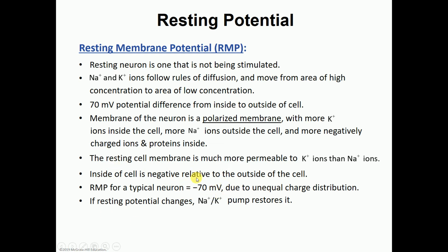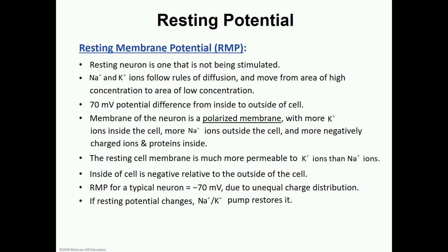Remember that it is negative, so you want to always remember that negative sign. Negative 70 millivolts, again due to the unequal charge distribution. So this is for a typical neuron at rest. Remember we always have the sodium and potassium trying to leak through the cell membrane. The sodium-potassium pump just keeps on pumping them back where they belong.